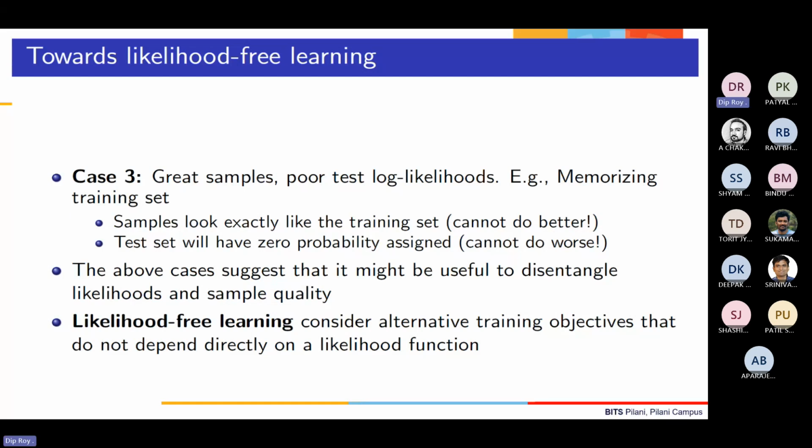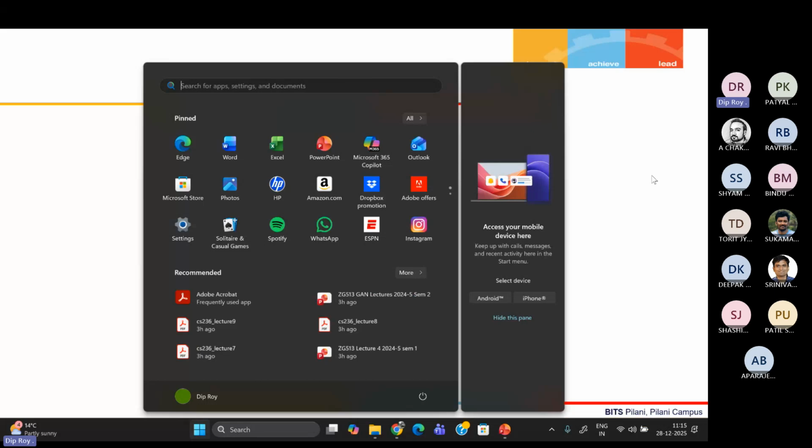And next case is, can you think of a model which is giving you great samples but poor log likelihood? Any answers?